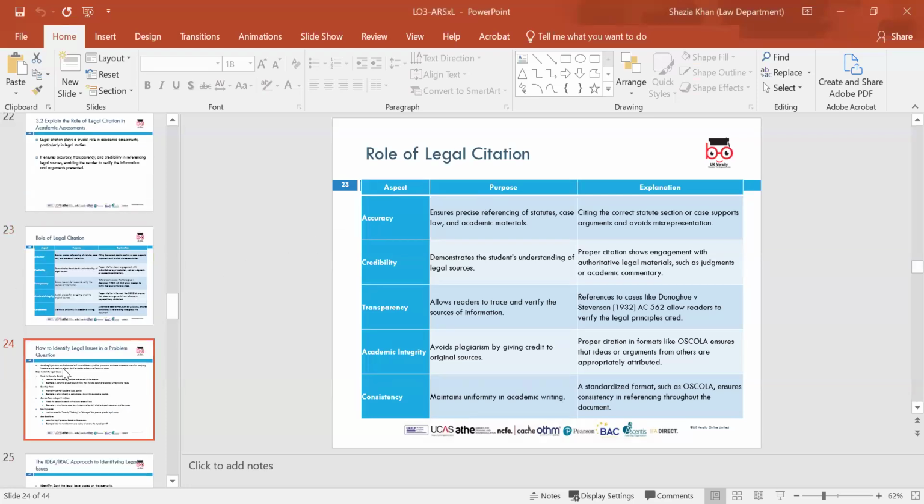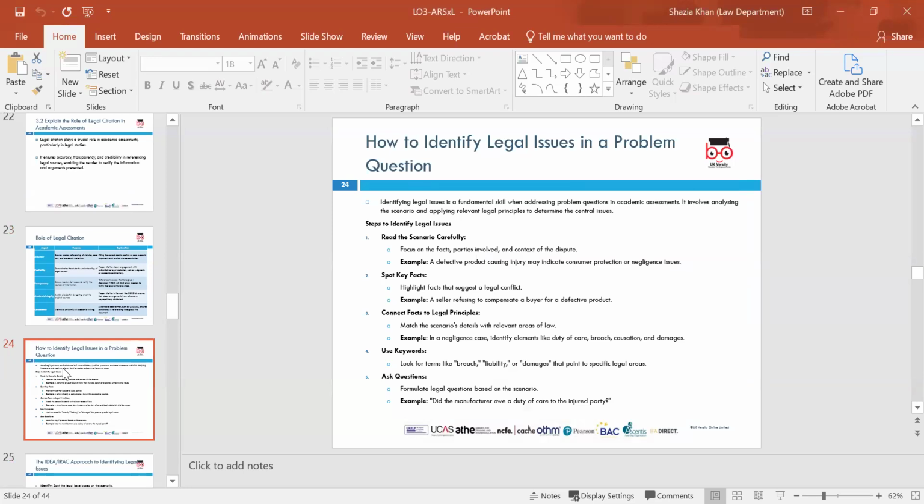Next one is how to identify legal issues in a problem question. So firstly, you would need to identify the issue. Read the scenario, identify what the legal issue is, focus on the facts of the case, spot the key facts so you know what the legal conflicts are, and identify the relevant legal rules.